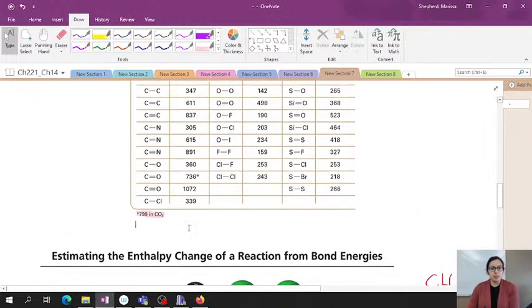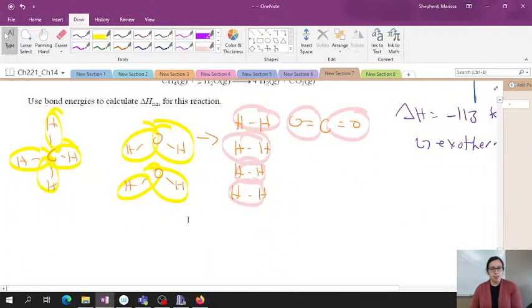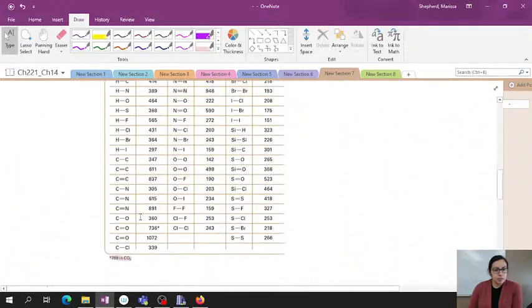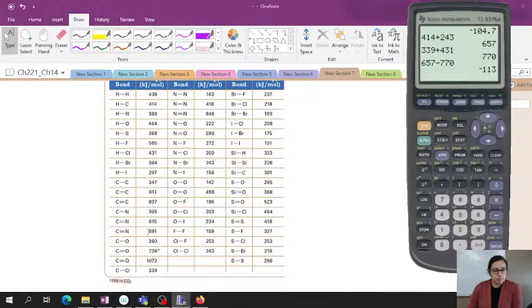Let's do this one together in the interest of time. Now that you visually see what we need to make or break, let's add it all up. We have 4 CH bonds. So CH is 414.